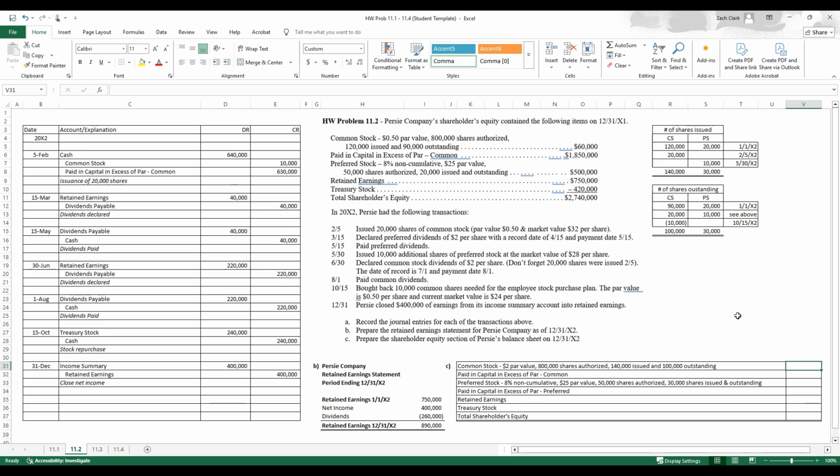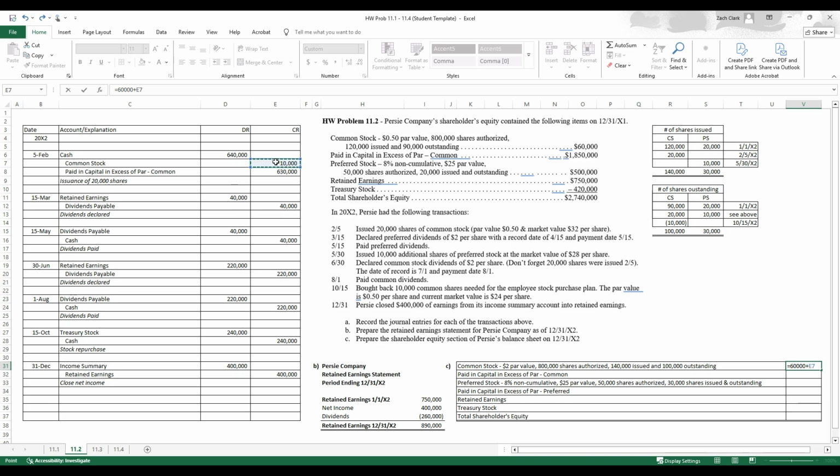And okay, so then we're going to need to do our accounting and our balances here. So then we can go in and say our common stock was 90,000 to begin, I believe. Oh wait, no, wait, where am I at? 60,000 as a beginning balance here. And then we can come over to our common stock.